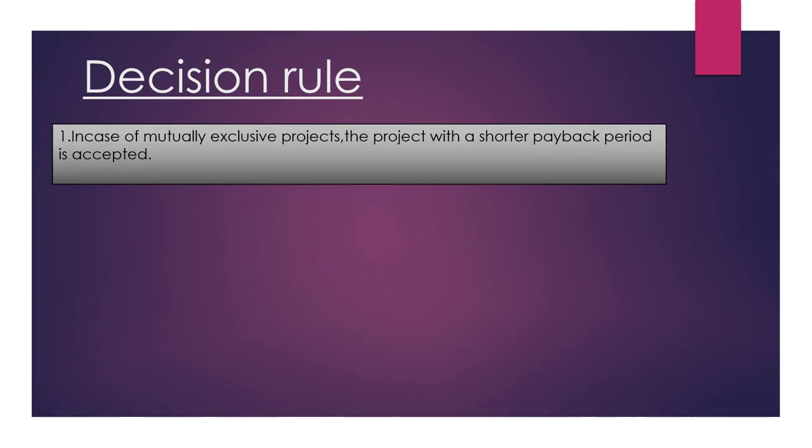On the decision rule, in the case of mutually exclusive projects, the project with a shorter payback period is accepted. Remember, I told you a mutually exclusive project is a project that competes against another.